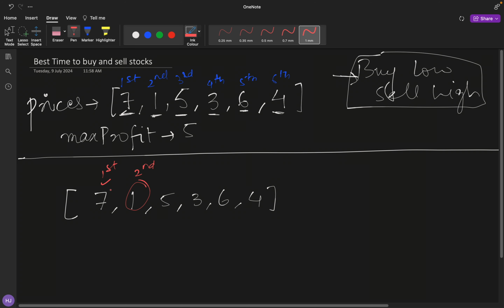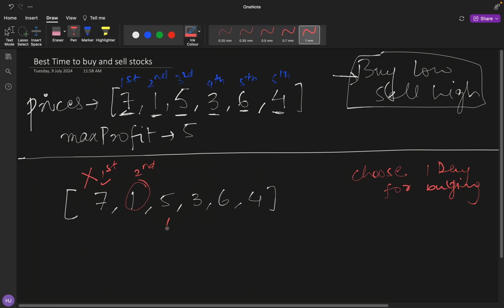No, it's common sense that we will sell that stock in the future, because as mentioned in the question, we have to choose one day for buying and one day for selling. So 7 is not our answer.